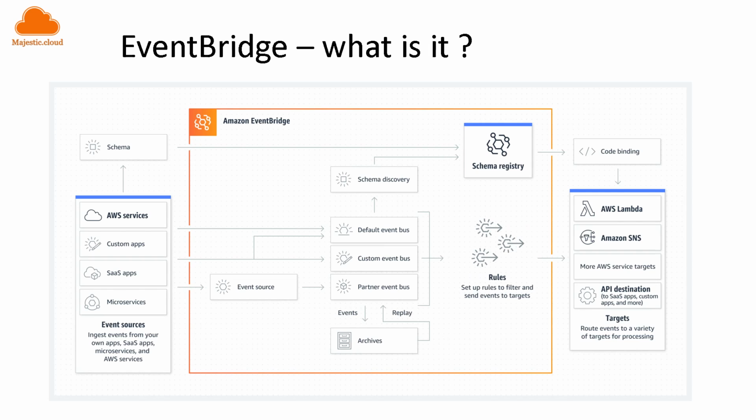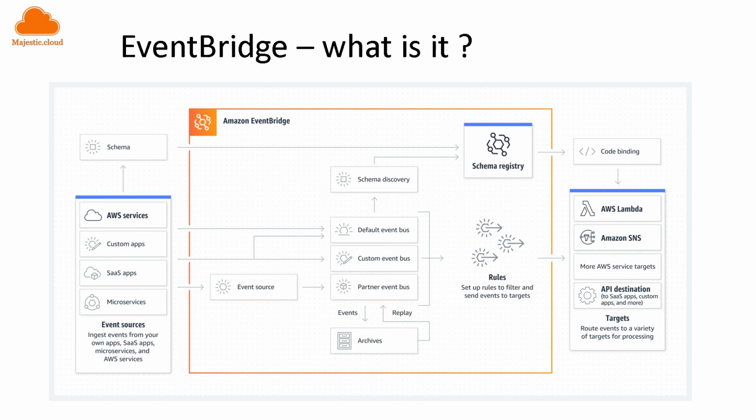The sources can be AWS services, your own application, or even third-party software. It has many features which allow you to create schedules, pipes, create event archives and replay the events. You can set up schema discovery, and then it can provide you with code bindings, so you can have strongly typed events in your application.